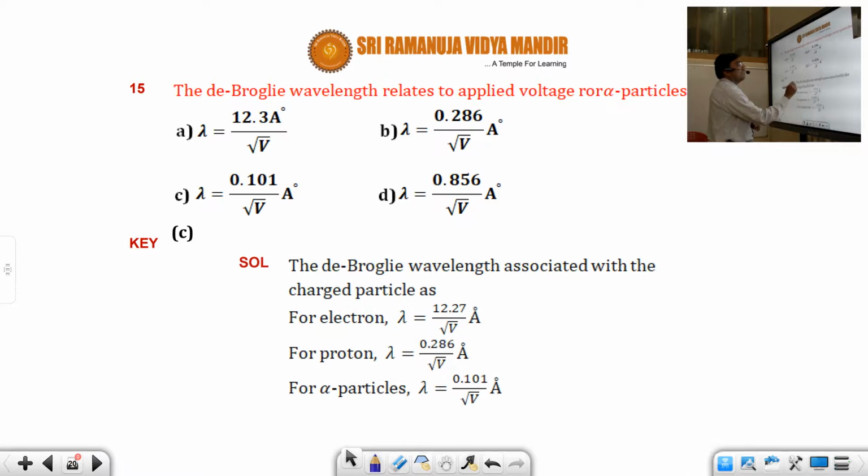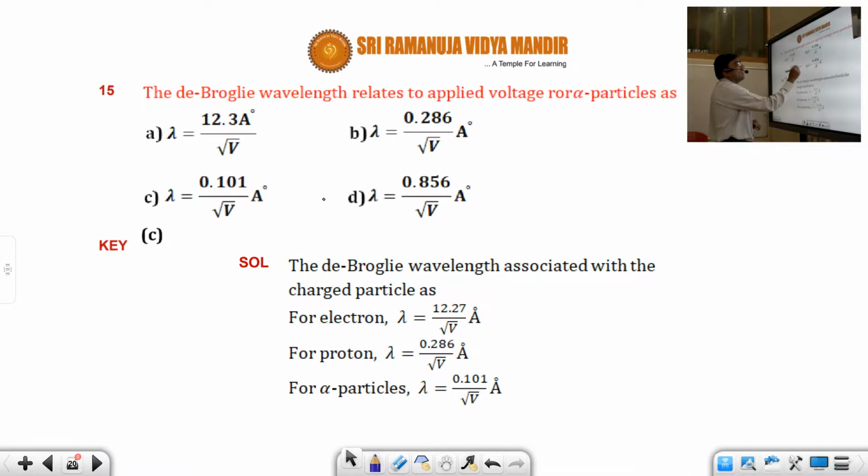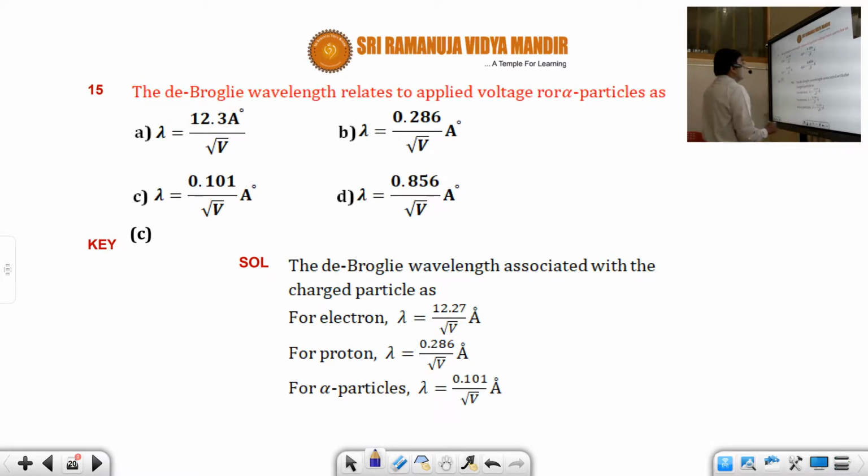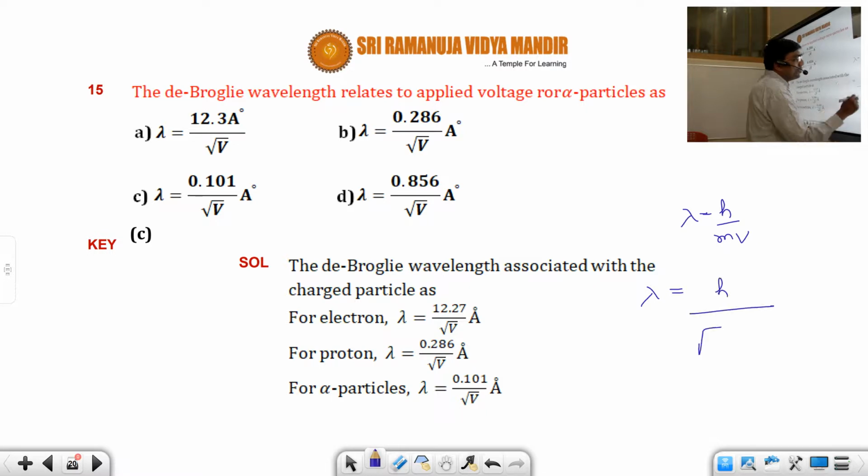Now let us solve another question. The de Broglie wavelength relates to applied voltage for alpha particles as follows. Lambda is equal to h by mv. Lambda is equal to h by root over 2meV.